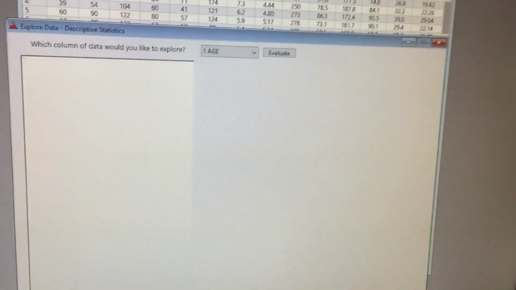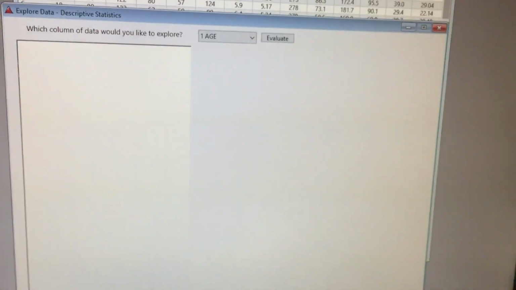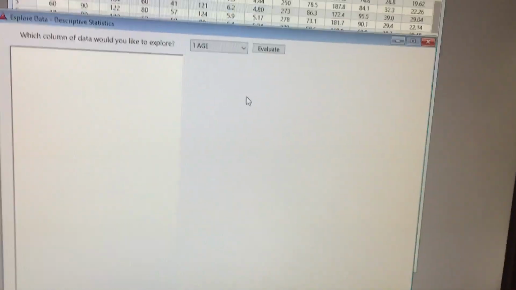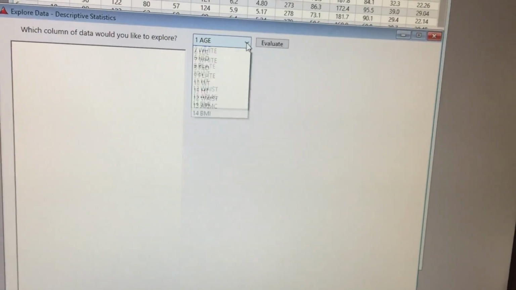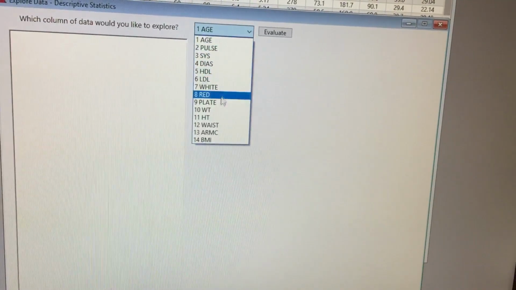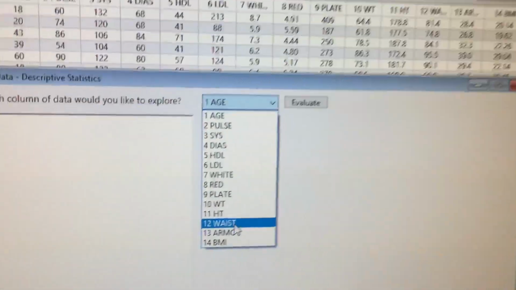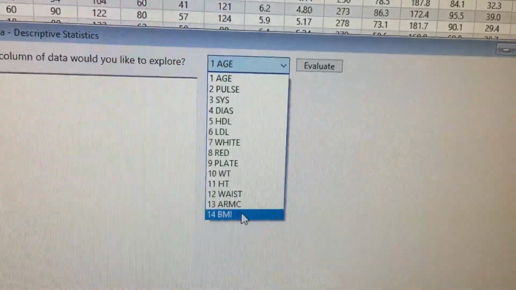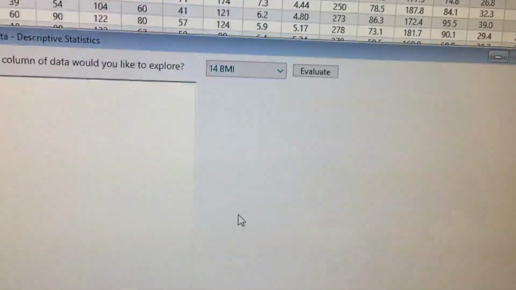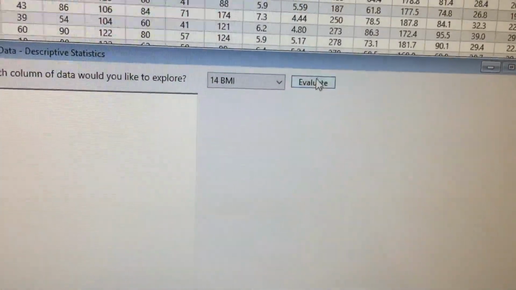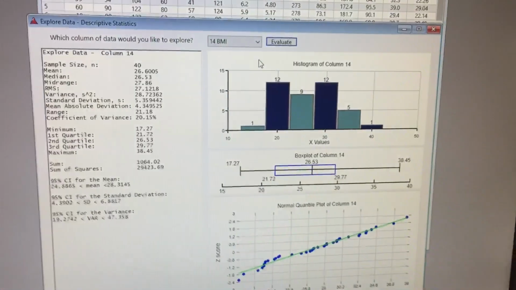In this case, we're dealing with body mass index, so I'm going to go to this drop-down menu and select BMI. Here it is, BMI. I'm going to select that and then click Evaluate.